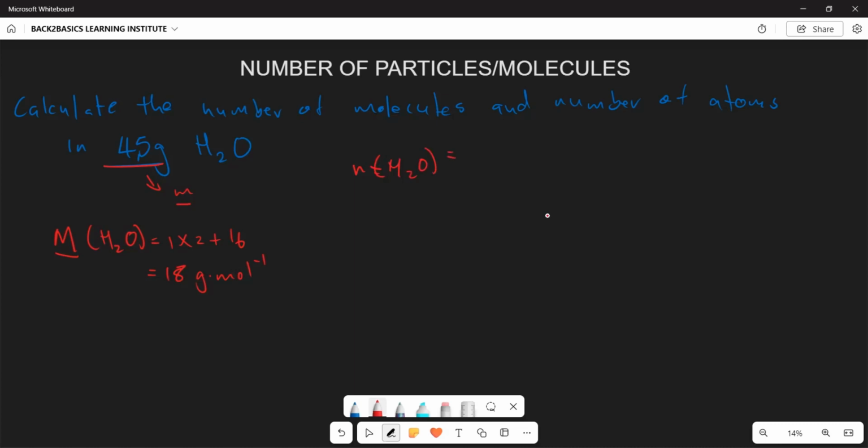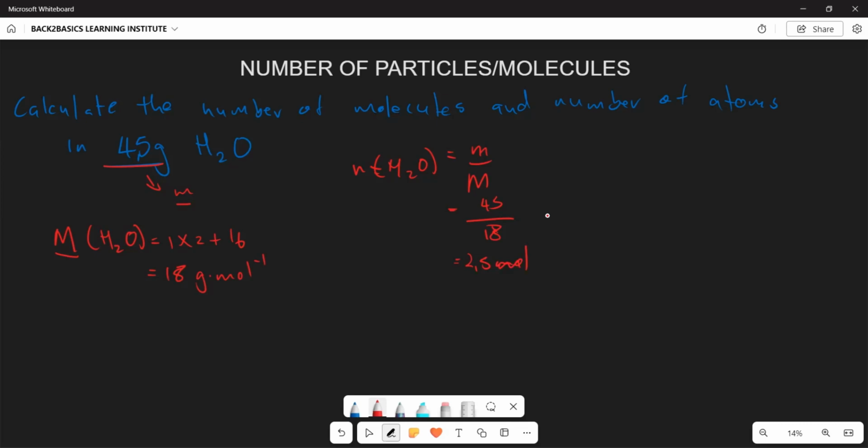The number of moles is given by, remember the formula, m over capital M. This is going to be 45 over the 18 that we've just calculated, and the value that you are going to get is 2.5 mole.